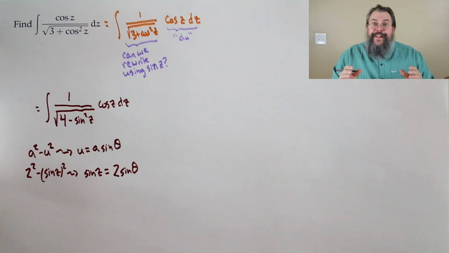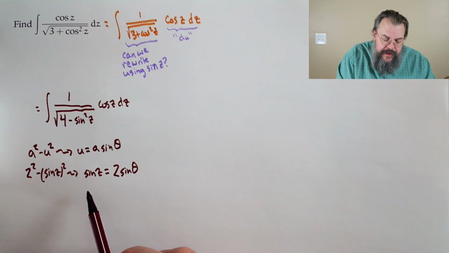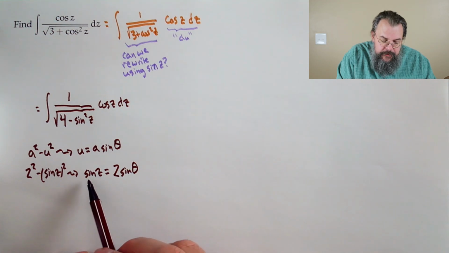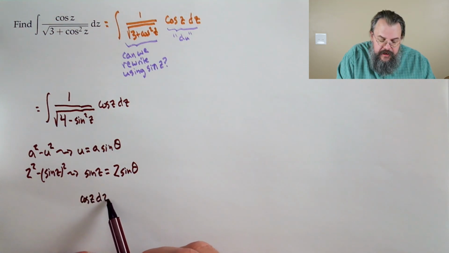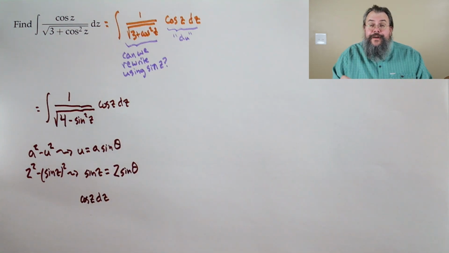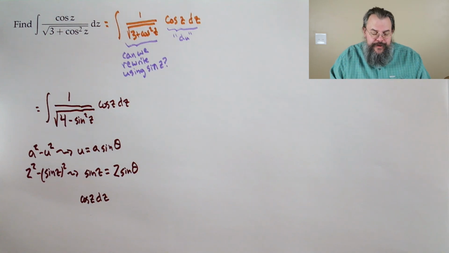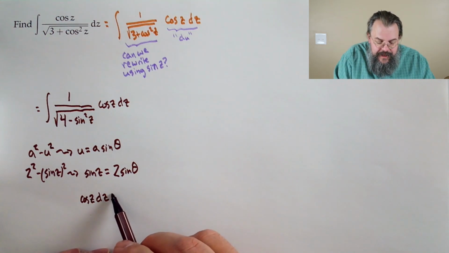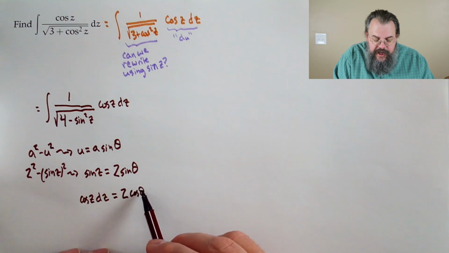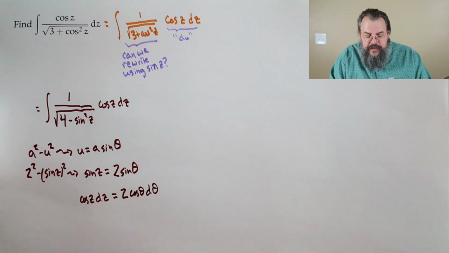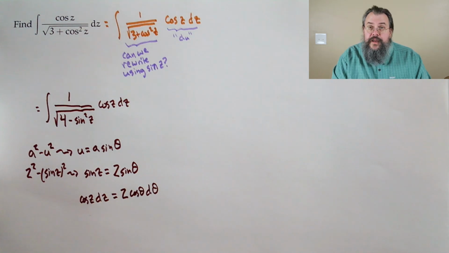Wow, that'll be cool. Okay, so taking derivatives, what do we get? Derivative of sine, cosine z dz. Perfect. I already feel like this is a beautiful substitution to be making. Is equal to 2 cosine theta d theta. All right, that's promising.